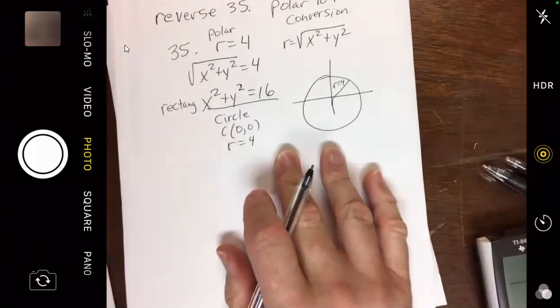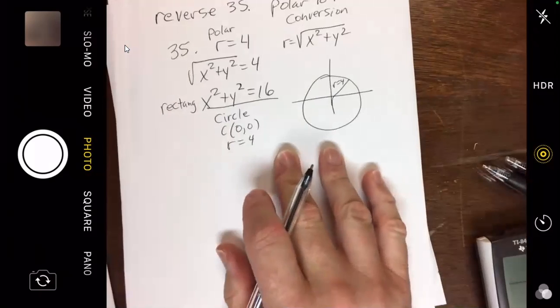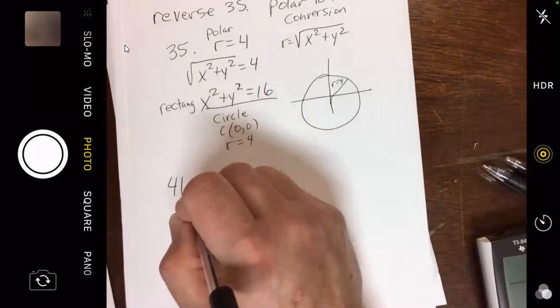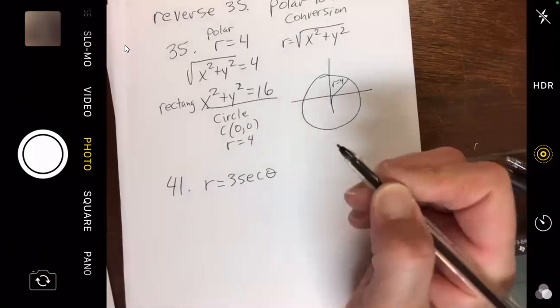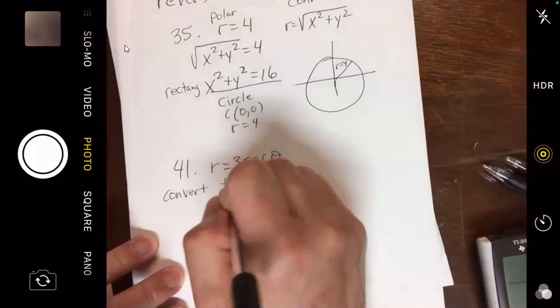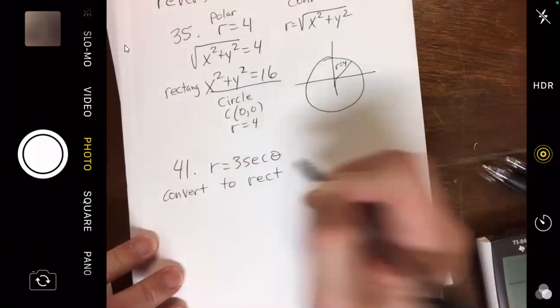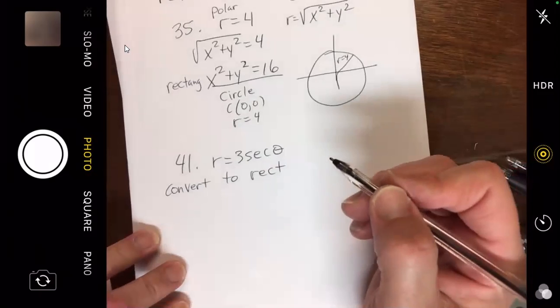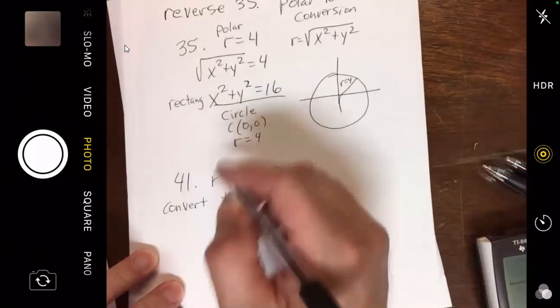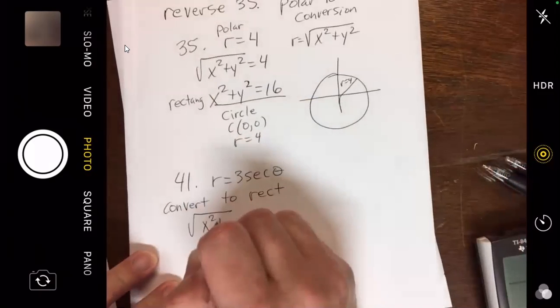Why don't we try something like 41? r equals 3 secant theta. Convert to rectangular. All right, just like up here, r is the square root of x squared plus y squared.